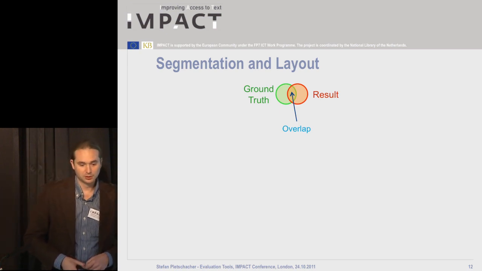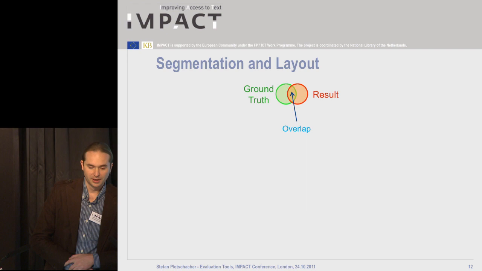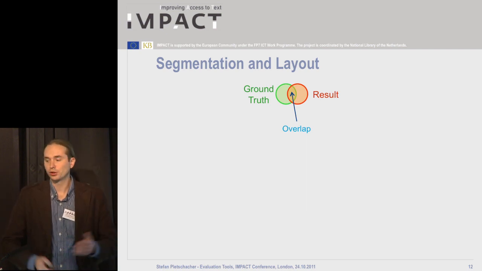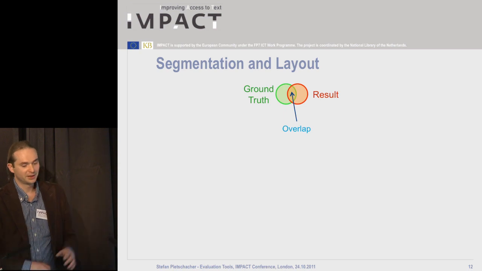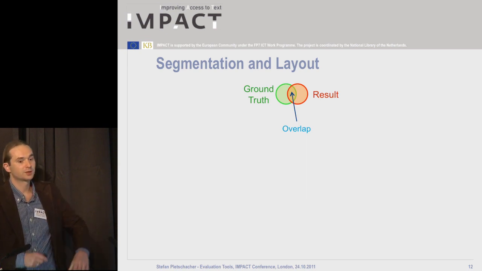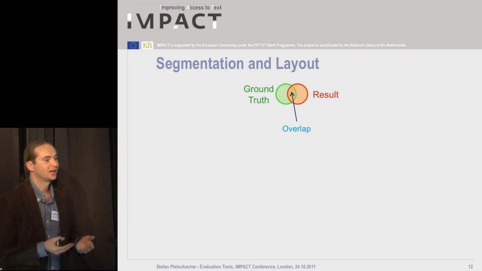All right, so segmentation and layout analysis results, I should say. Just to quickly show you how that works, or at least to give you a glimpse on the idea. What you get after segmentation and layout analysis, which basically is not just to return the region outline, but also to classify what type it is.